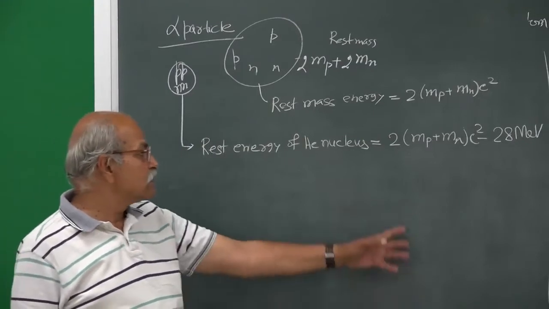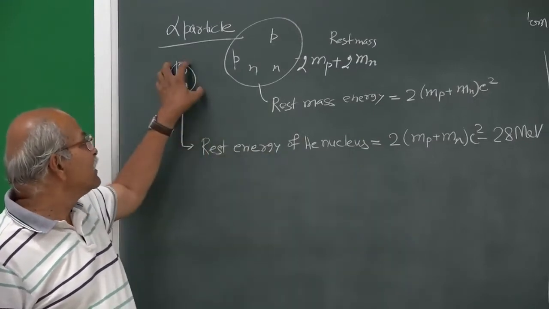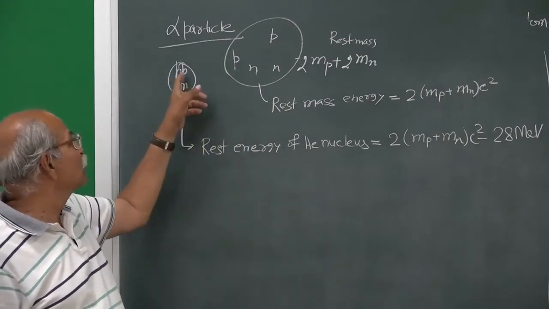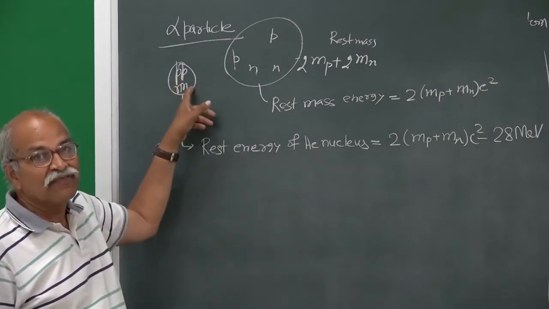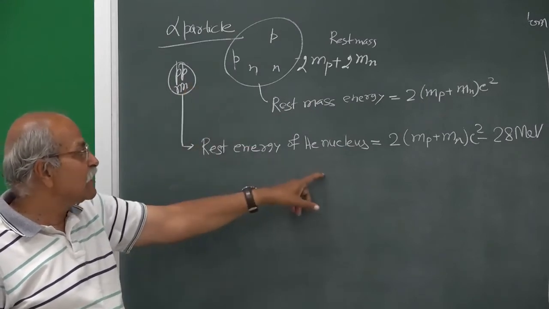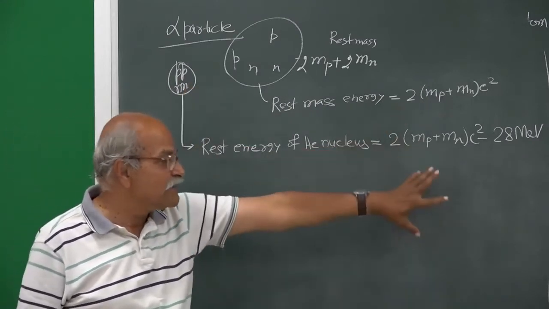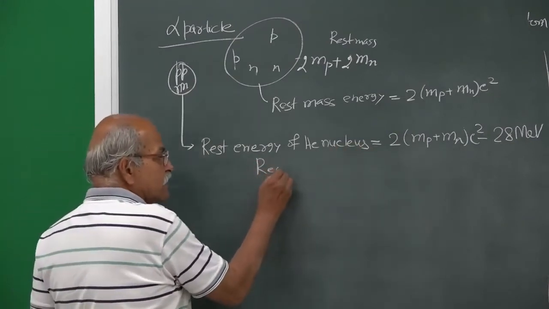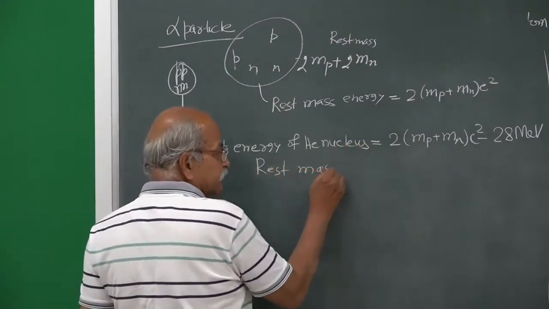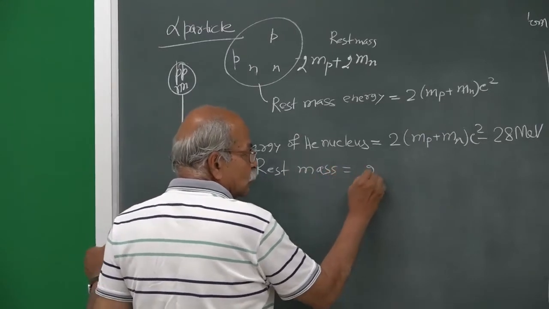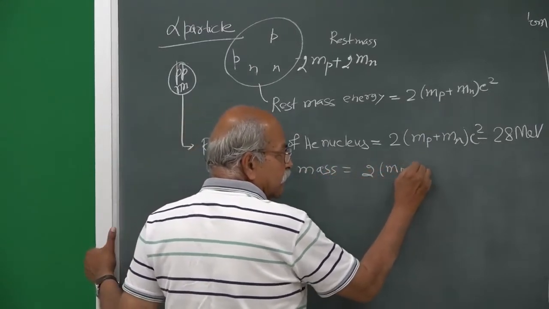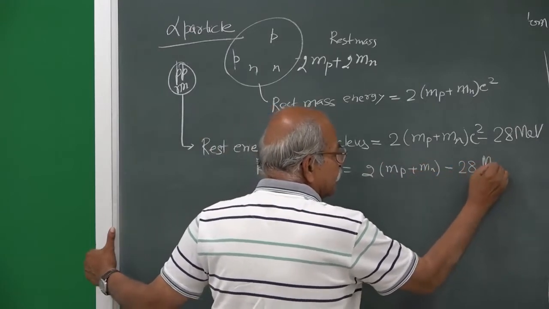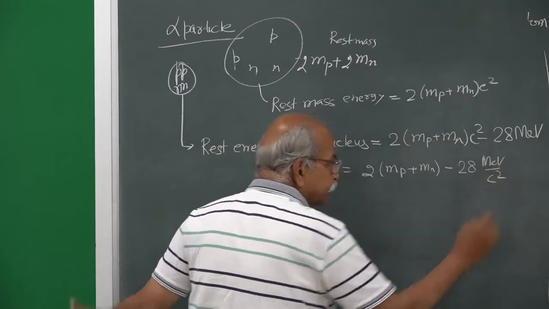So, this rest mass energy is less than the sum of rest mass energies of proton, proton, neutron, neutron. Correspondingly, the rest mass will be this divided by c². So, the rest mass of the helium nucleus is 2mp + 2mn minus 28 MeV/c².